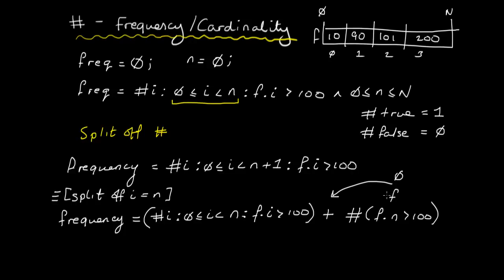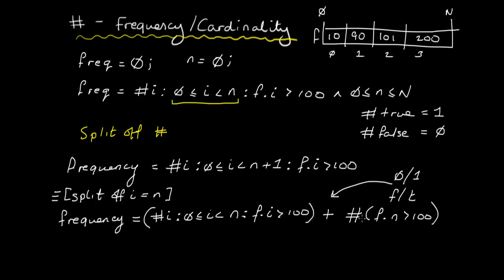So that's how that works. If it's a true, we're adding on a 1. If it's a false, we're adding on a 0. And that way, depending on the outcome of f.n greater than 100, we'll simply add on a 1 or a 0 to our frequency, either incrementing our frequency or just leaving our frequency alone.